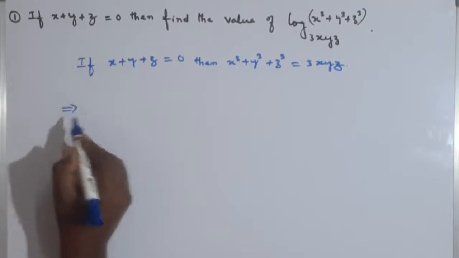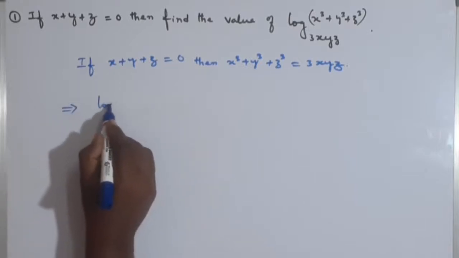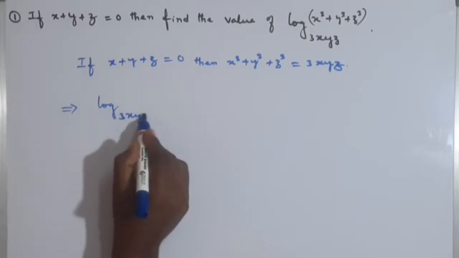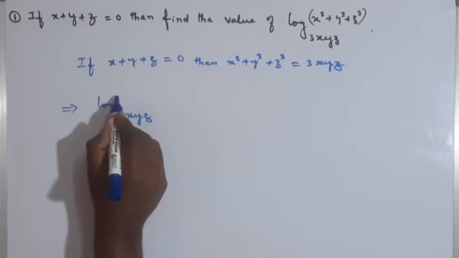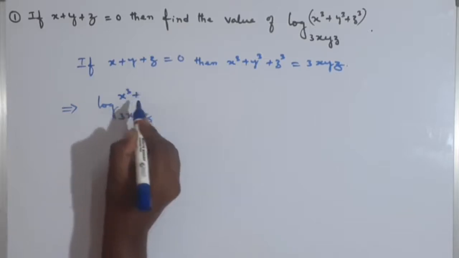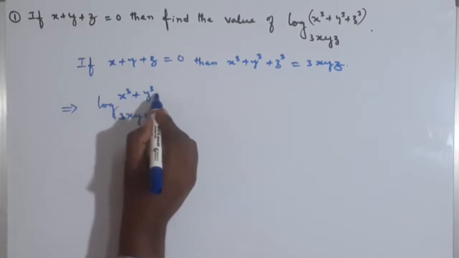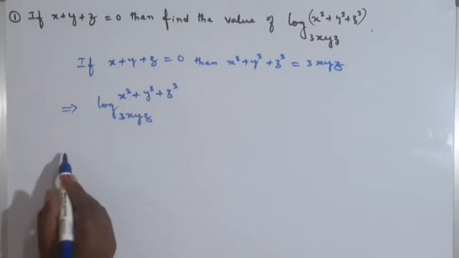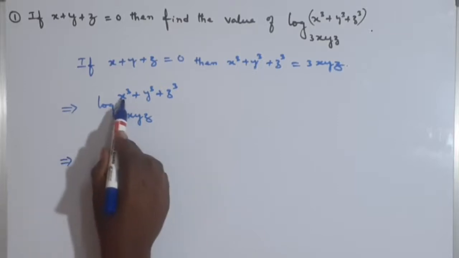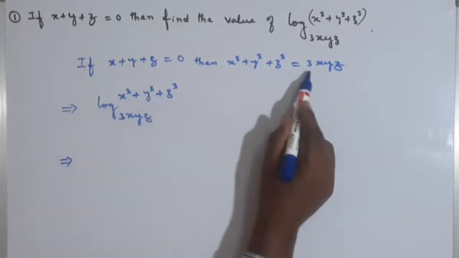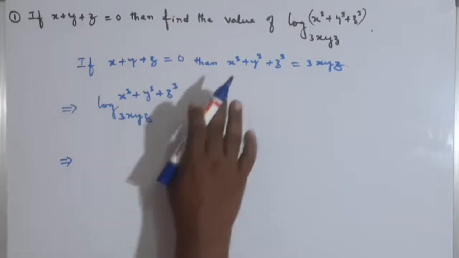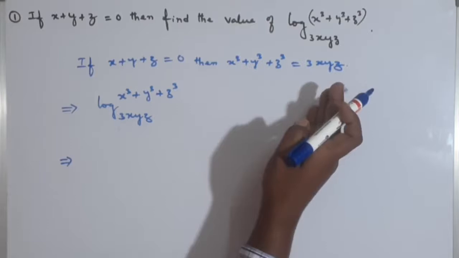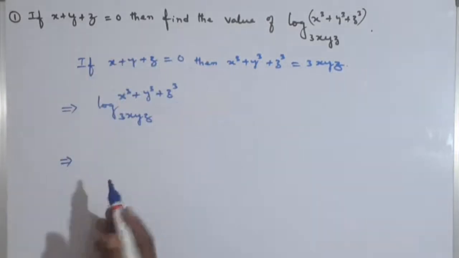Which implies, now the problem is log base 3xyz to x cube plus y cube plus z cube. Now instead of x cube plus y cube plus z cube, I can write 3xyz, because x cube plus y cube plus z cube equals 3xyz when x plus y plus z equals 0.